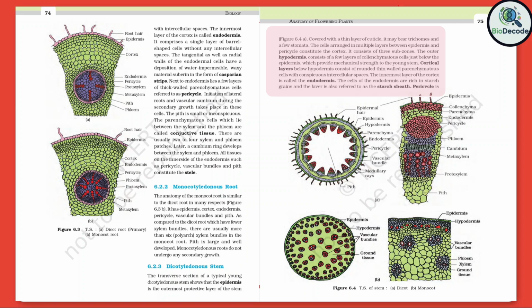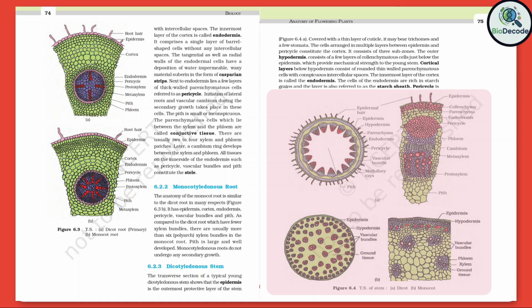The innermost layer of the cortex is called the endodermis. The endodermal cells are rich in starch grains, and this layer is also known as the starch sheath. The pericycle is present on the inner side of the endodermis and above the phloem in the form of semilunar patches of sclerenchyma.